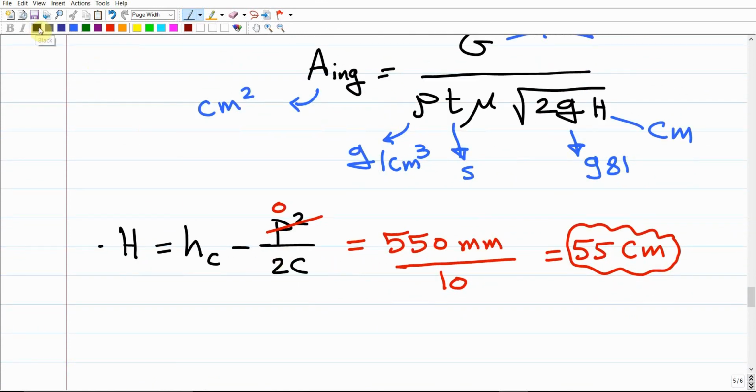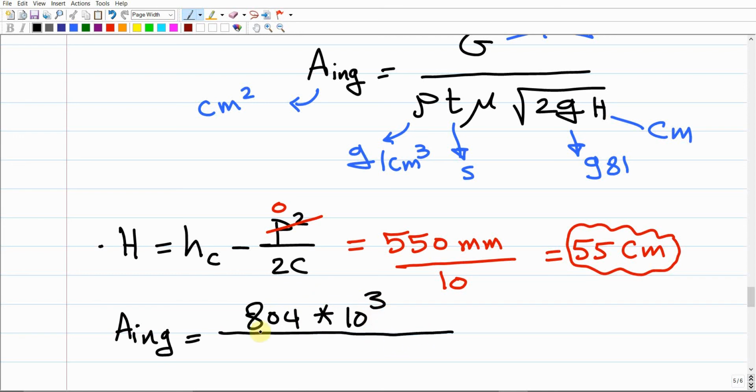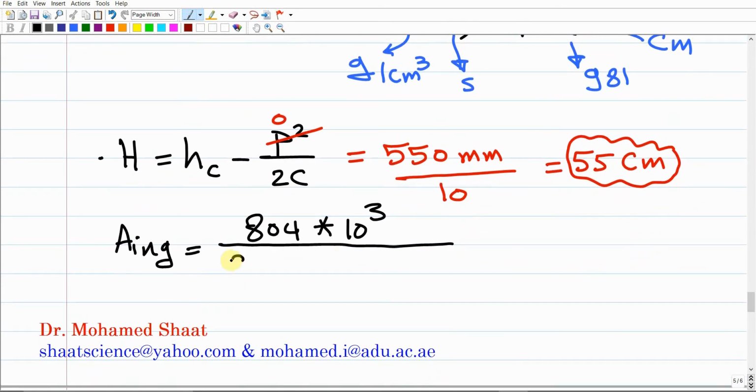So we're gonna end up with the area of the ingot equal to, we got the 804, right, for the gross mass, so we're gonna multiply times 10 power 3 to convert from kilograms to grams, divided by the density. The density is already given by 700.8, times the pouring time.